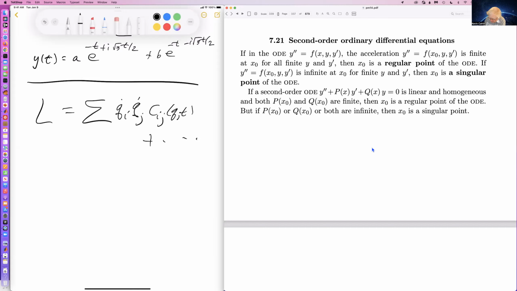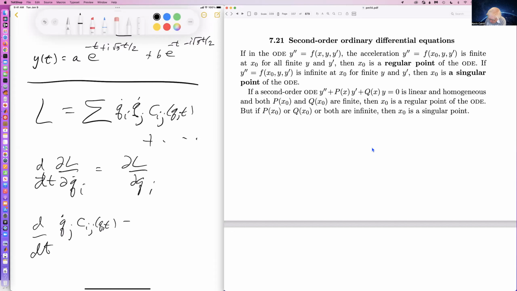Because after all, if you applied Lagrange's equation to this, you'd have something like d by dt of partial L partial q_i dot equals partial L partial q_i. So what you'd get here would be d by dt of q_j dot c_ij of q and t equals whatever this partial L partial q_i was, I left out the other terms, v of all the q's, let us say.